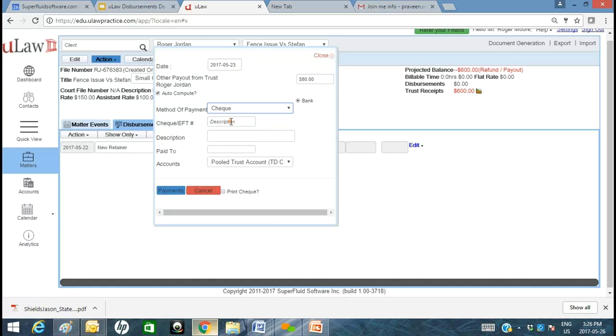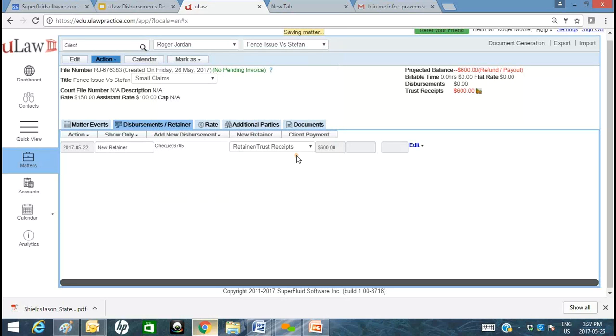Let's say it's a trust check, number 345. Can you tell me what it is for? Because you want to capture that as well. Application fee. And who did you pay to? Ministry of Finance, and it came out of my trust account. I may even be able to print that check. But it's really important to note that this is money that's leaving your trust account directly.